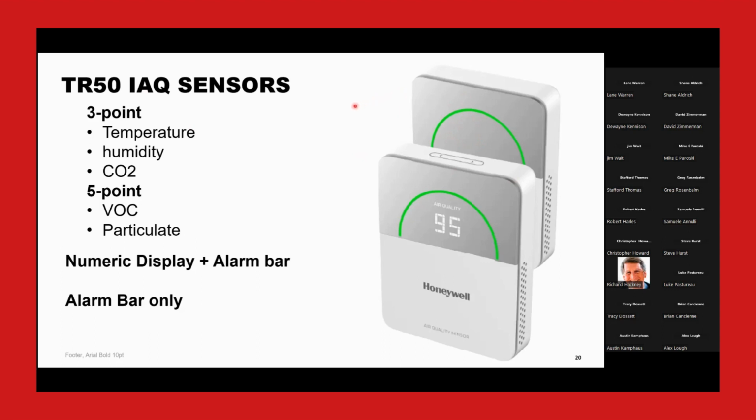So what are they? TR50 is a family of indoor air quality sensors. They are not wall modules. There's no set point. There's no override. These are sensors only, similar to how the TR40 is a sensor where the TR42 is a wall module.